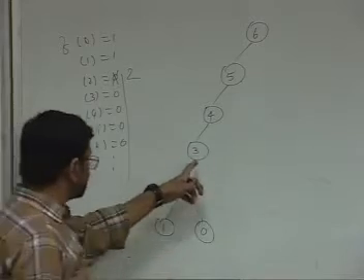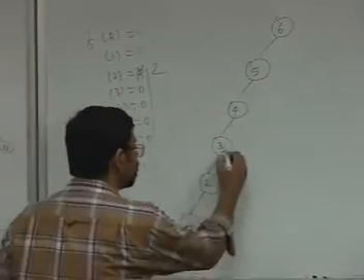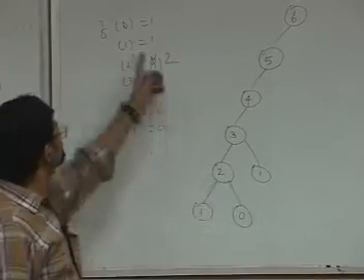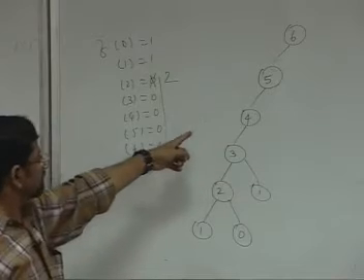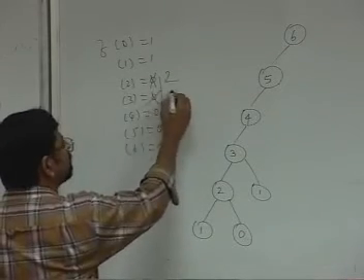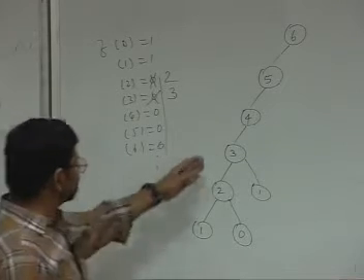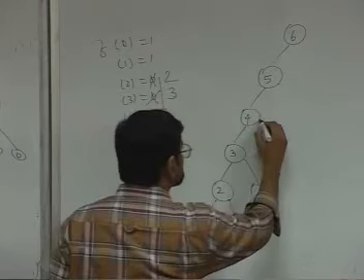Now on behalf of 3, the call related to 2 is over, and the call related to 1 is to be done. When 1 is done, obviously this returns the value because it is non-zero and available. So it computes 2 plus 1 as 3, and I am making this 0 into 3.